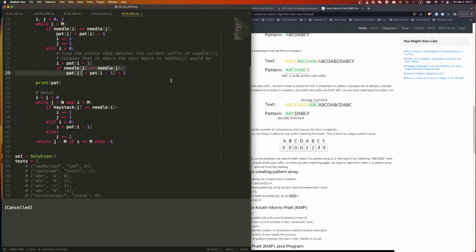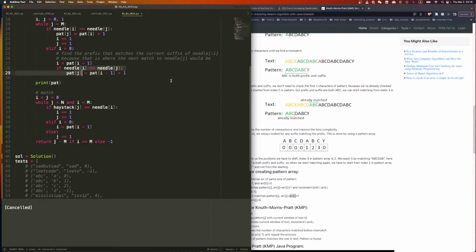Yes, pattern. Pattern's the length, right? So the length, that's the prefix. Shouldn't be pattern J equals pattern I. Oh, hold on.